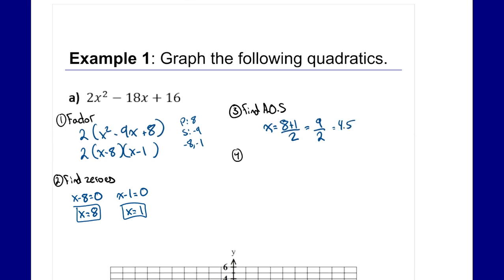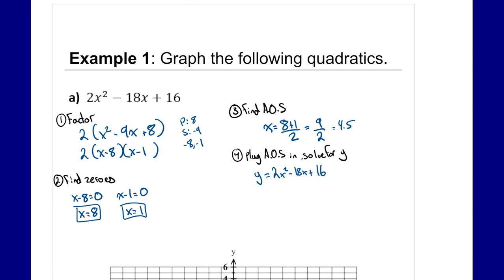The last step, we're going to plug the AOS in and solve for y. So this axis of symmetry, this 4.5, is the x value of our vertex. So we're going to plug that into our equation, 2x squared minus 18x plus 16.